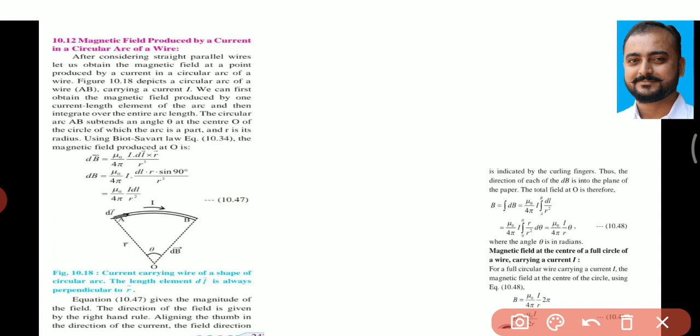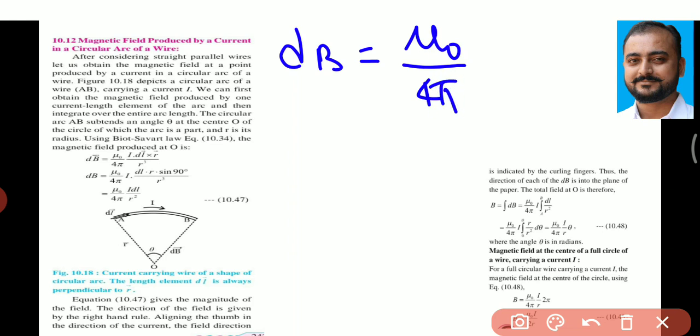The magnitude of the magnetic field can be given by dB equals mu 0 divided by 4 pi, I into dl sine theta divided by r square.